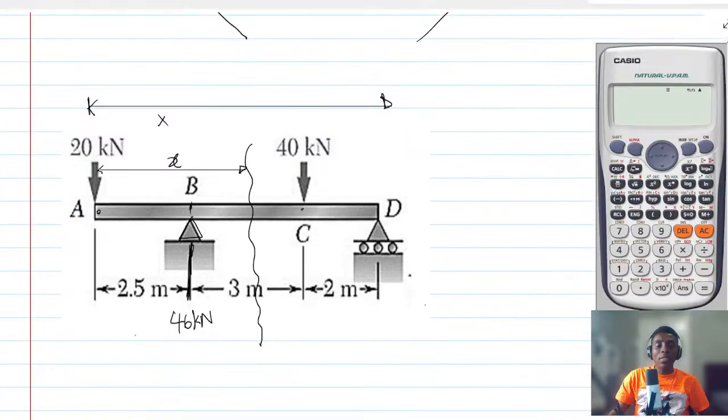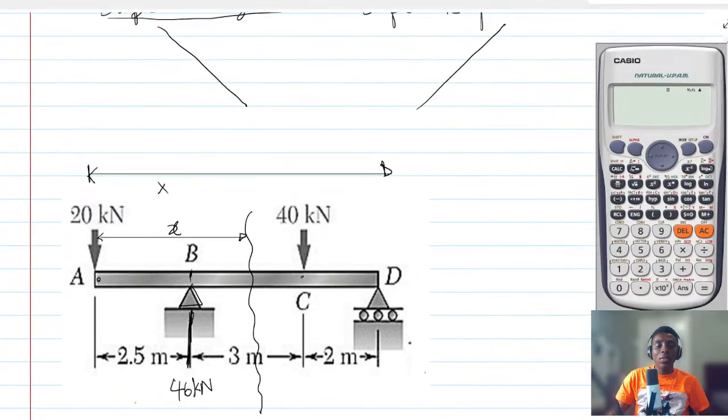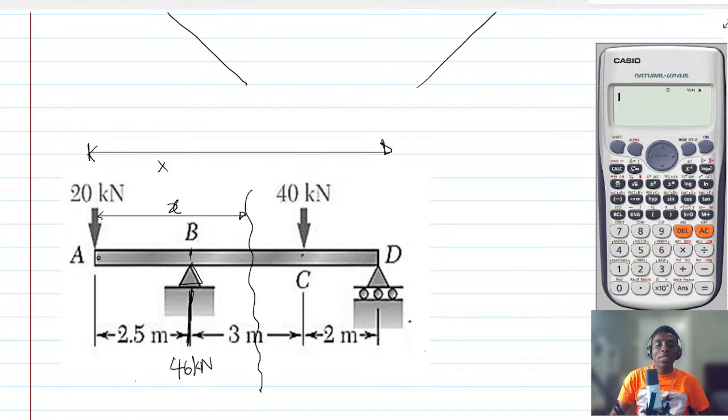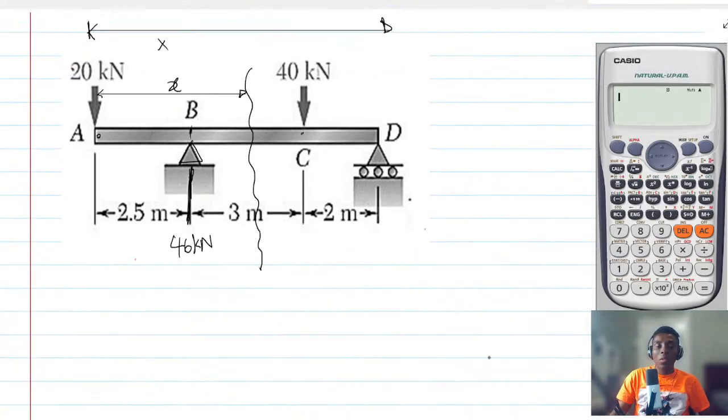Now let's look at something here. If you take a section and cut, this is what you are going to see. So you get the beam here, all right.